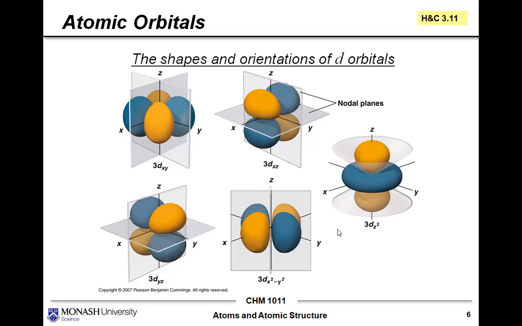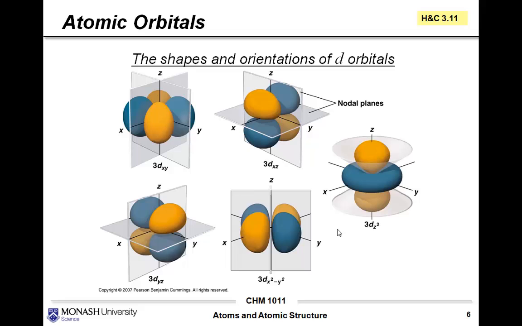In the 3dxz figure, you can see that the lobes exist in the xz plane, and you have nodal planes in the zy plane and also in the xy plane, and so on for dyz.